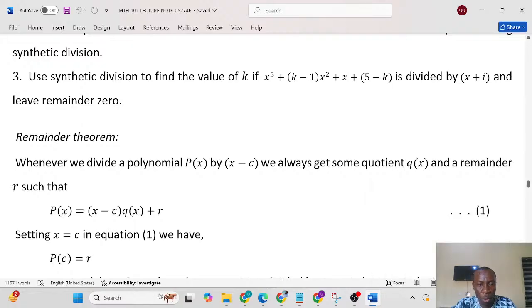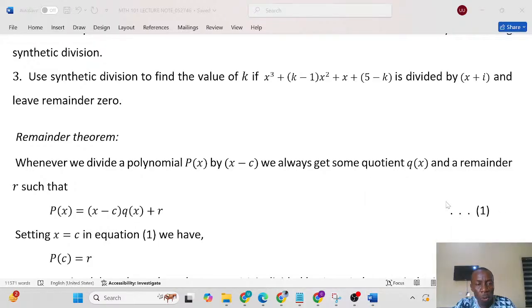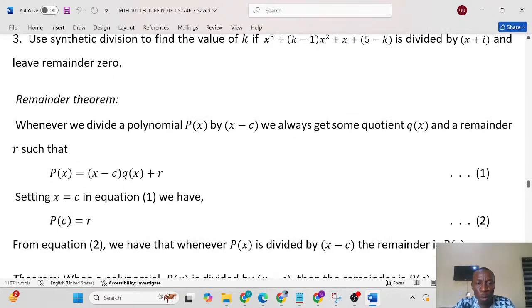Remainder theorem. Under the remainder theorem, whenever we divide a polynomial p of x by x minus c, we always get some quotient and a remainder. And that remainder is represented with the letter r. And p of x will be equal to x minus c, q of x plus r.